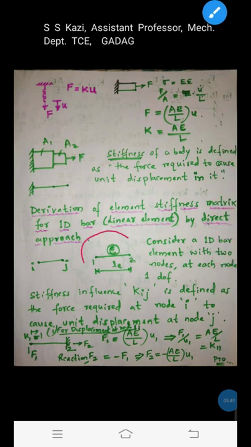Now let us consider a 1D bar element having two nodes 1 and 2. Because it is a linear element, each node has 1 degree of freedom, that is, each node is permitted to displace only in one direction, the x component of displacement.